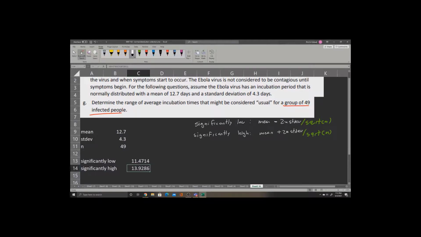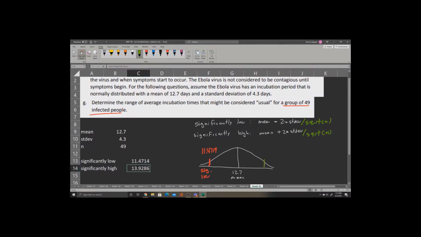So let's draw our bell curve one more time. Our mean will be marked here in the middle again at 12.7. Our significantly low value will be over here on the left side, leaving a small tail on the left at 11.4714. This will be significantly low.